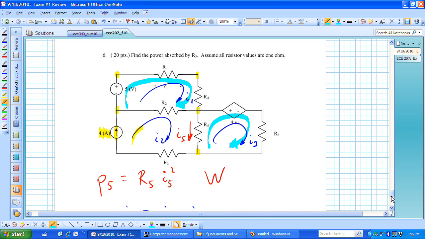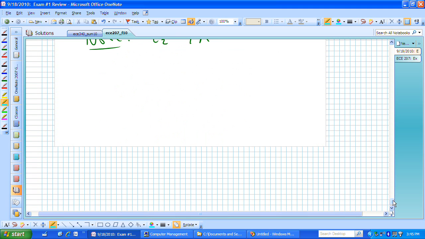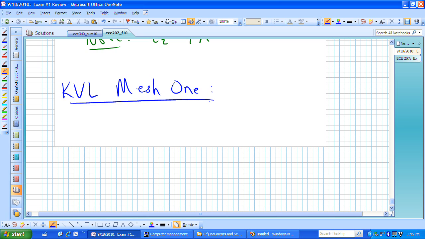If I write a KVL around mesh 1, then I'm going into the minus terminal of my 5-volt source, plus R sub 1 I sub 1, plus R sub 4 I sub 1, plus R sub 2, and now I have 2 mesh currents acting in opposite directions through R sub 2.